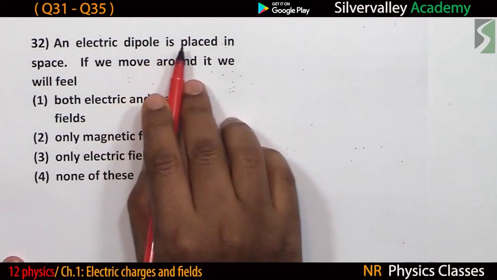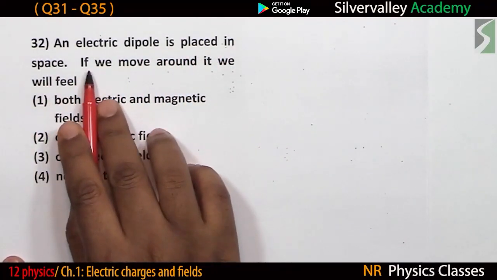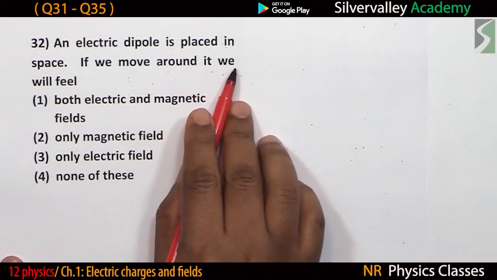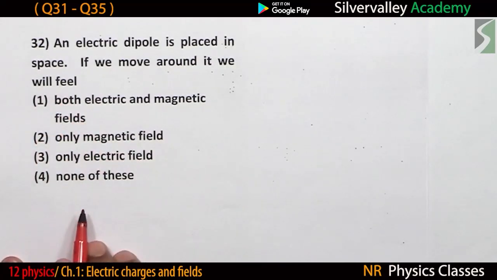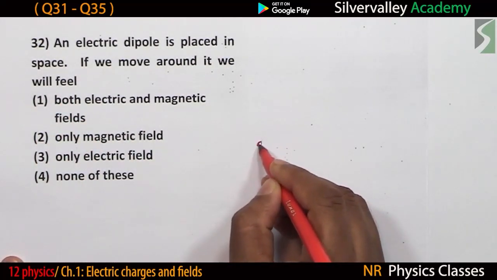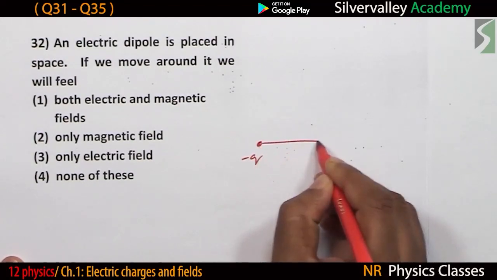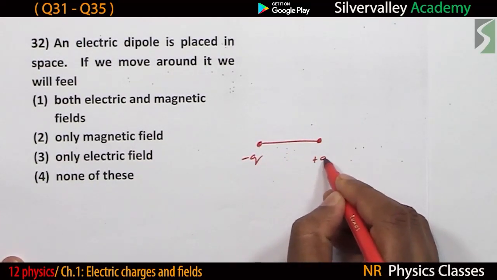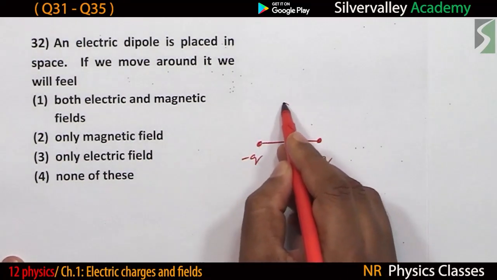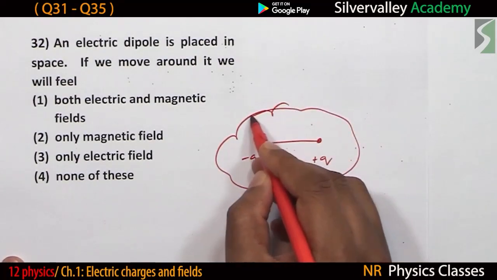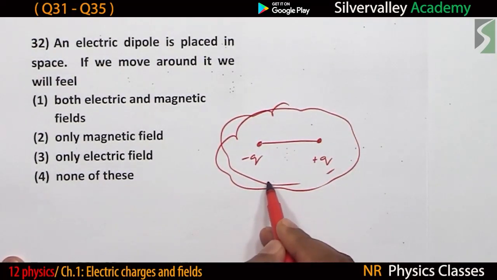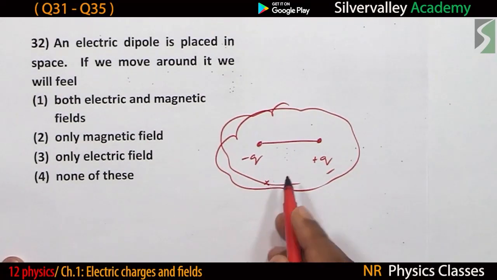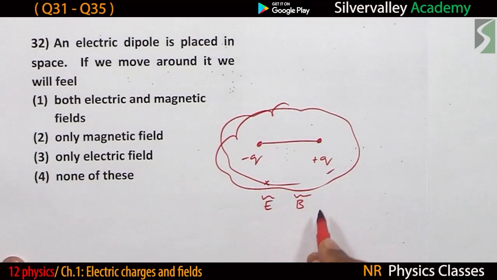An electric dipole is placed in space. If we move around it, we will feel, this is the dipole, minus Q, plus Q. If the point of observation moves around the dipole, then with respect to this point, the electric field changes. If the electric field changes, then a magnetic field is induced.